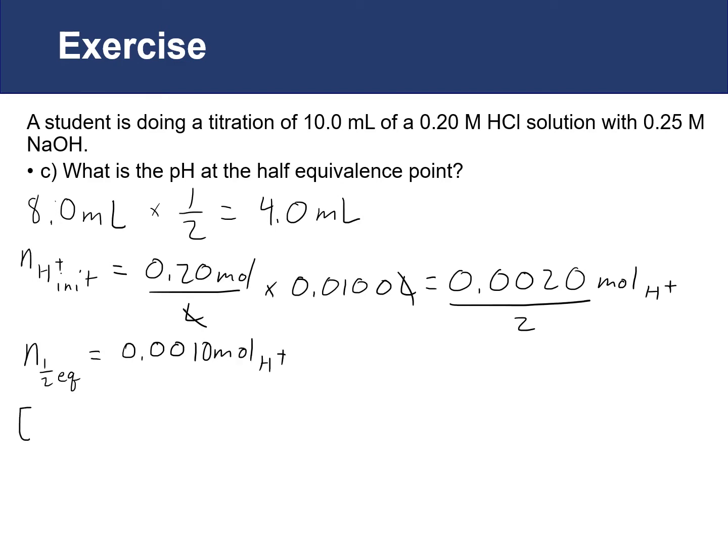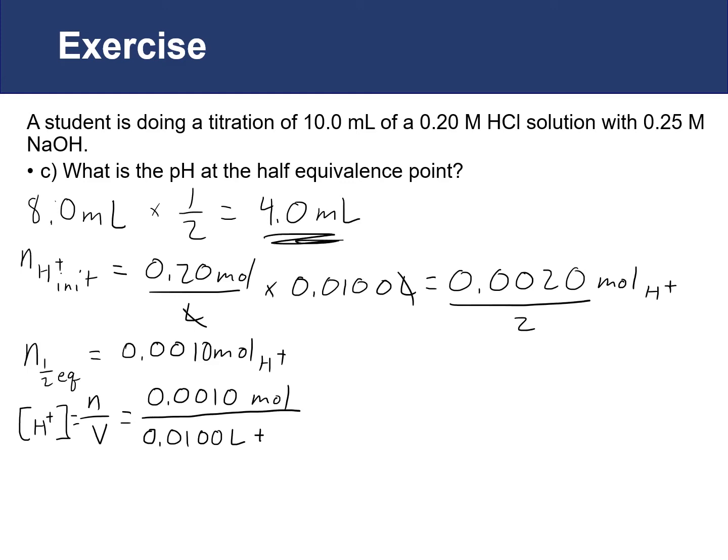Now, our concentration of H plus is moles over volume, and so we would take our 0.0010 moles and divide that by our new total volume. We started out with 0.0100 liters, or 10 mL, and we added to that our 4 mL of base.